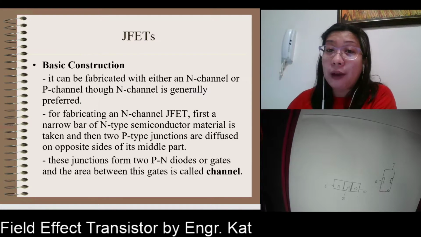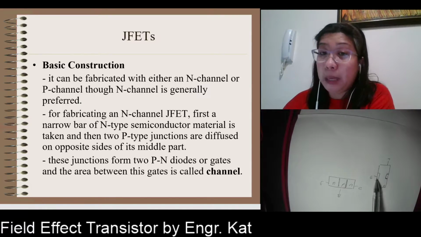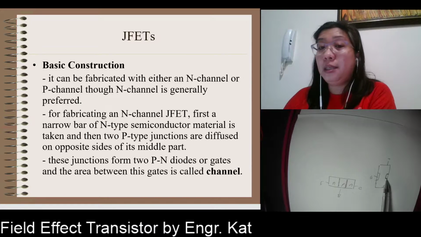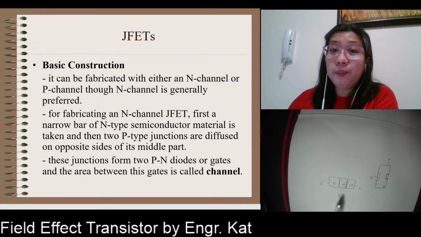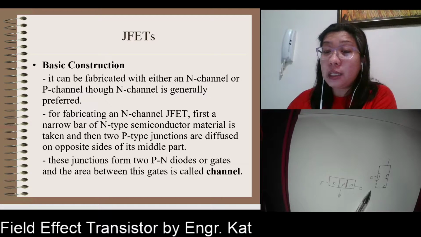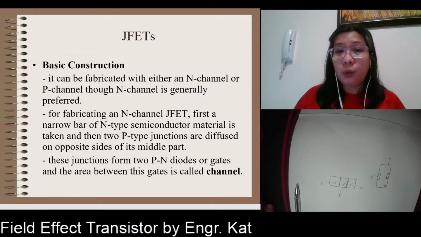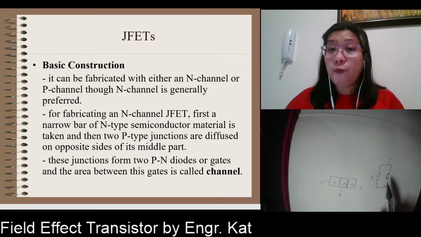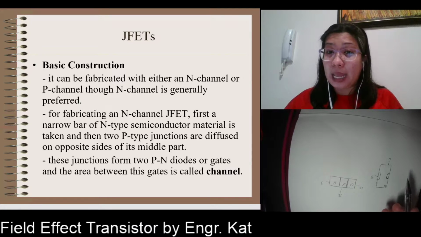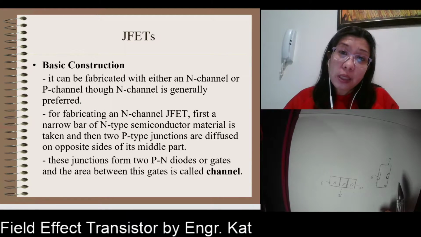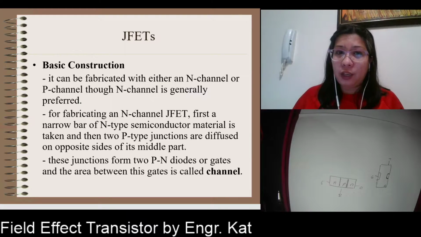Although they both have two PN junctions, since this is P, this is N, and this is N, and this is P, look at the difference: your N material is just the same, it is not differently doped. We call this the channel. If we use P-type material instead, we have a P channel. If we use an N-type material, we have an N channel.